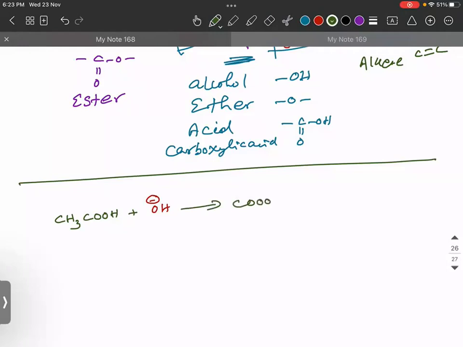CH3COO minus plus H2. Then CH3COCH3 plus CH3.